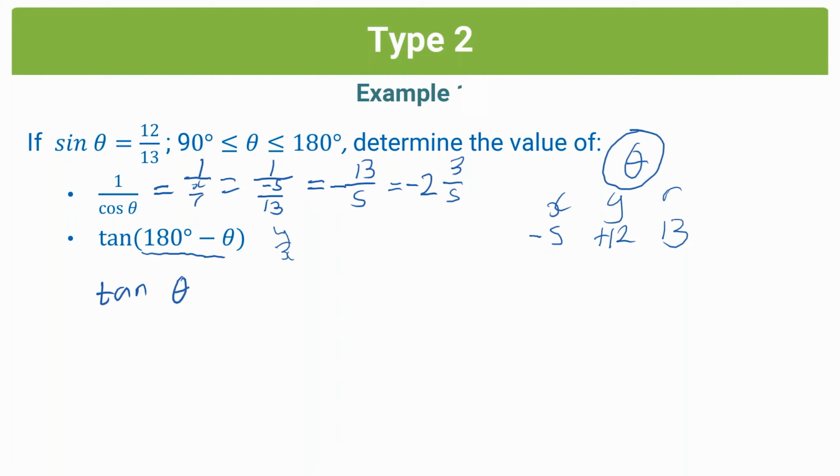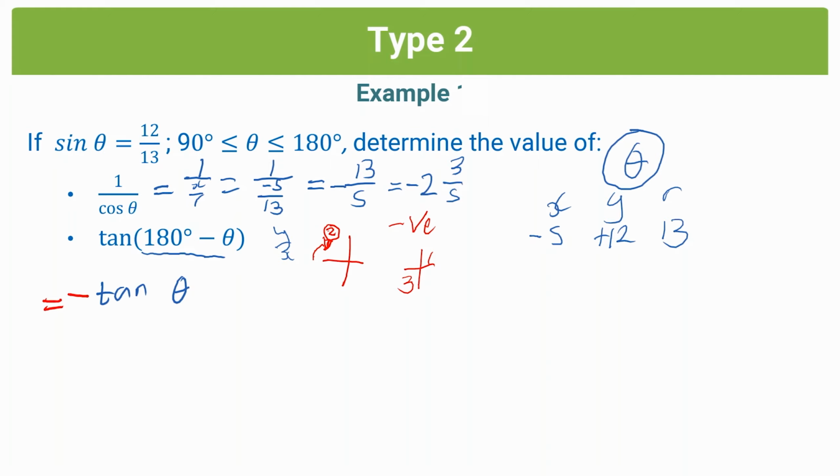This is critical in this question, so you don't get it wrong, because 180 minus theta lies in the second quadrant because it's 180 pulled backwards. And we know that in the second quadrant, tan is negative because it's only positive in 1 and 3 due to the CAST rule. So that's going to equal negative tan theta.